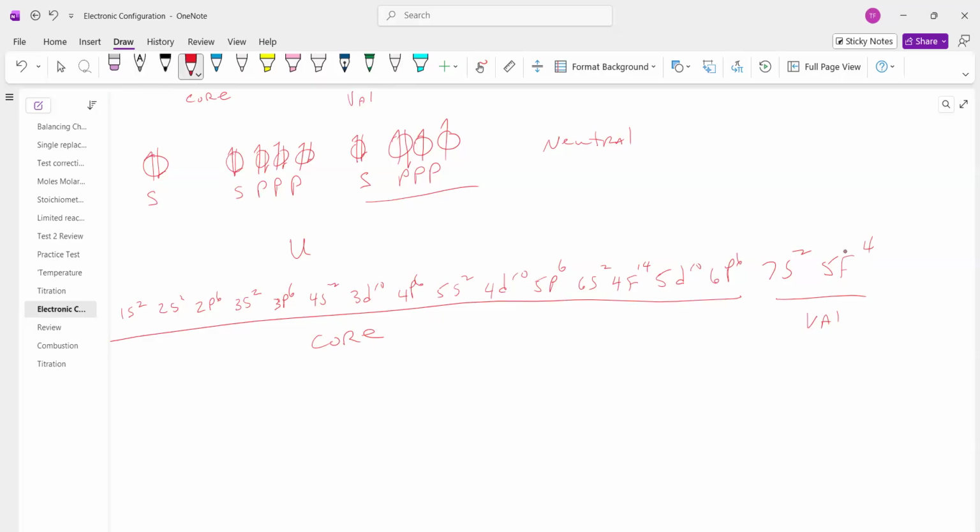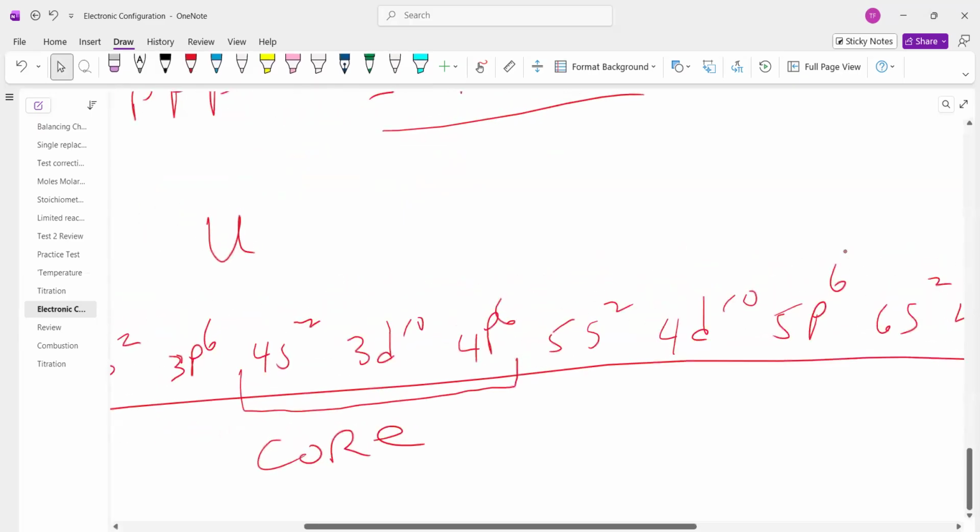Okay, so I don't know if you noticed, when we get to here, 4s2, and then look what happens. Look, we go from 4 to 3.